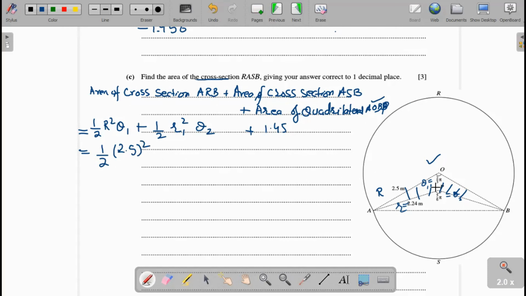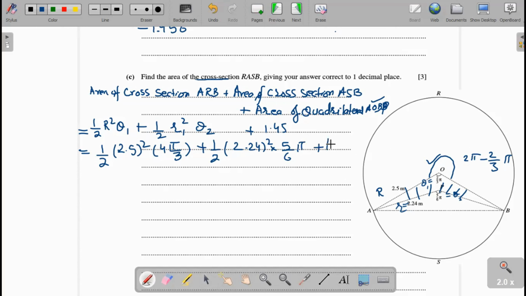This theta value should be equal to 2 pi minus 2 over 3 pi, which is 4 pi over 3. And next is plus 1 over 2, R1 is 2.24 whole square into theta 2, 5 over 6 pi.